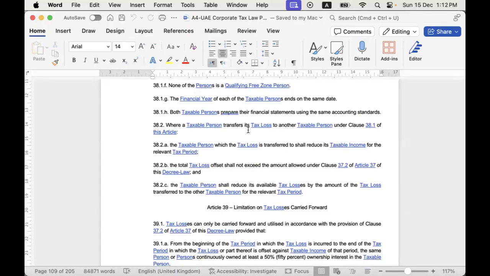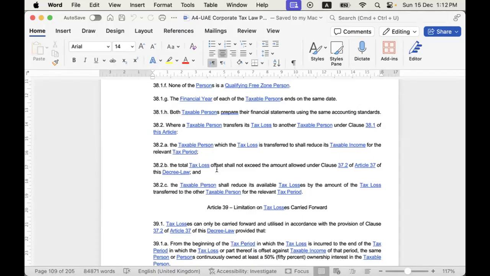Where a taxable person transfers the tax loss to another taxable person under clause 38(1) of this article, the taxable person which the tax loss is transferred to shall reduce his taxable income for the relevant tax period.